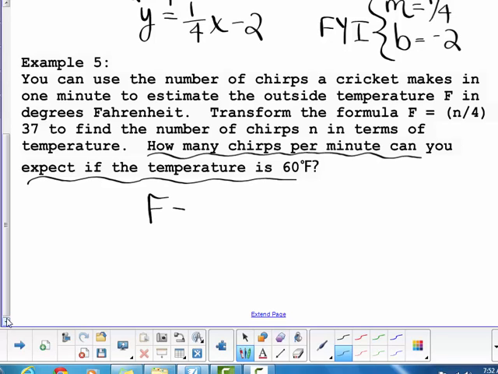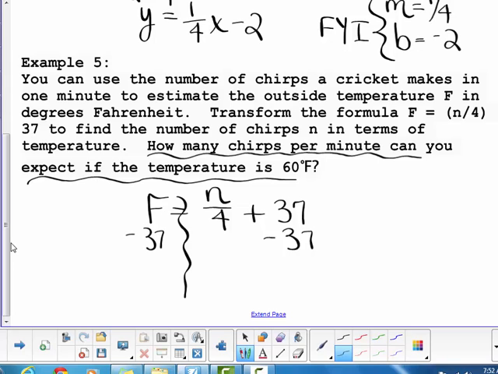So F equals N divided by 4 plus 37. The first thing we're going to do is solve this equation in terms of N, just because that's what this whole lesson was about. So the first thing I need to do is subtract 37 from both sides. Once I have that, I have F minus 37 equals N divided by 4.